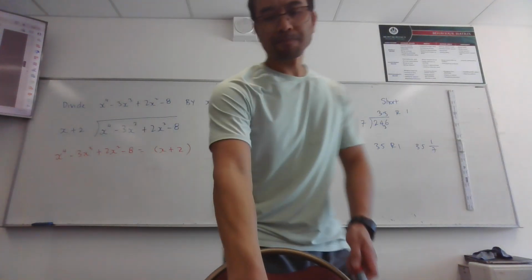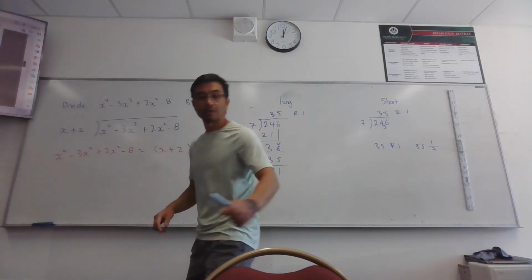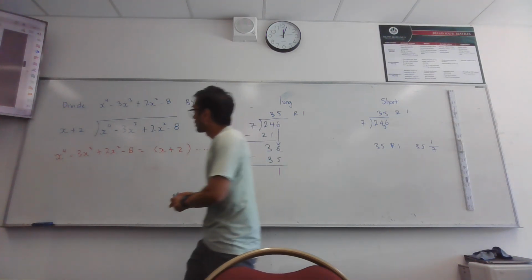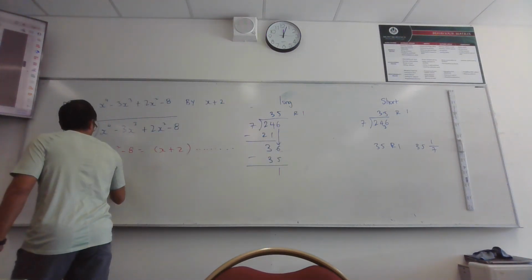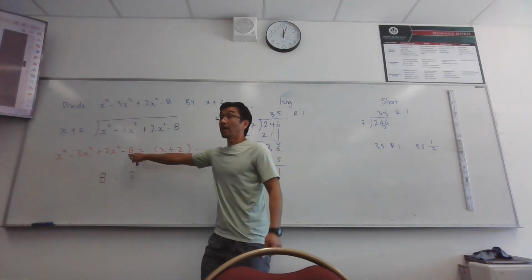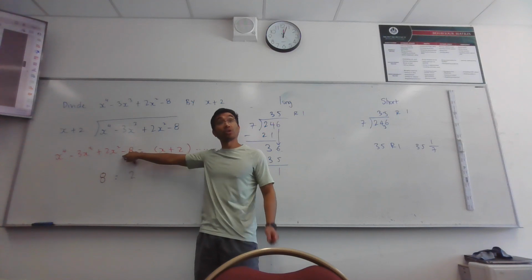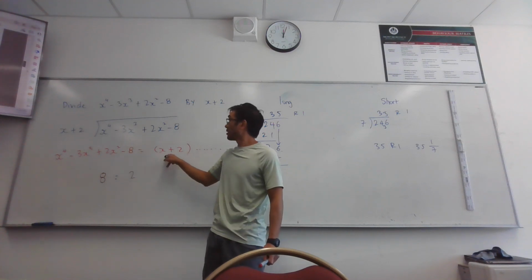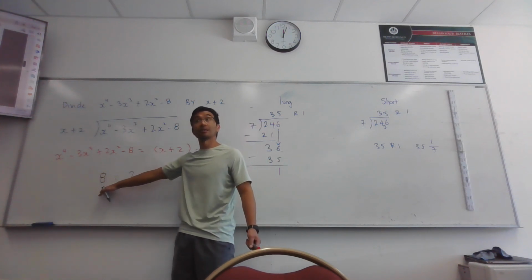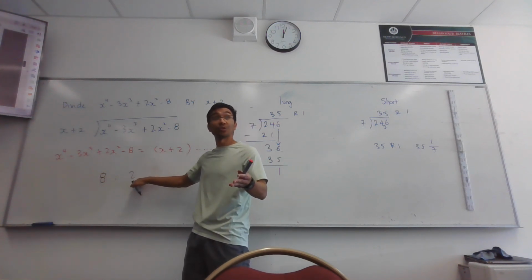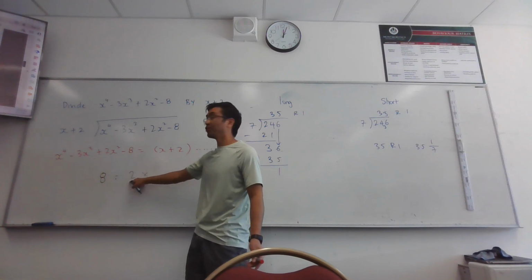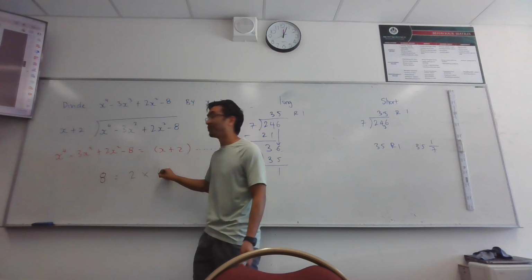I have my large equation here. All I'm doing, I'm going to divide it by a factor. Okay, for example, if I have 8, if I know a factor of 8 is 2, what's the other bit? 2 times what is 8? 4.